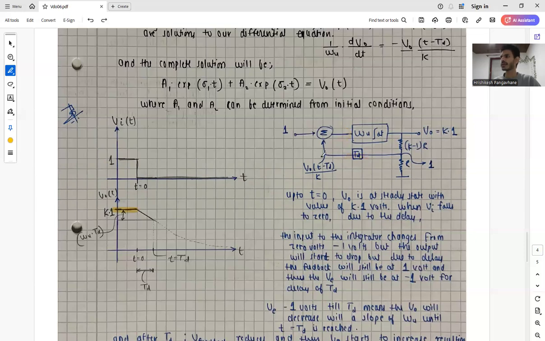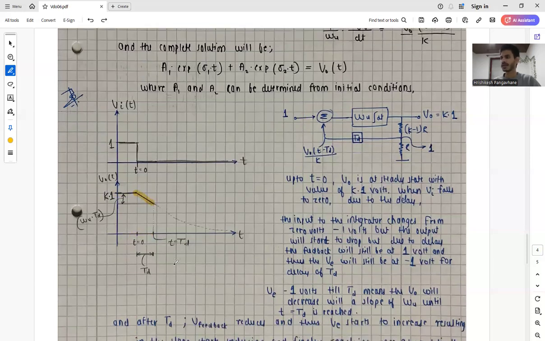Thus the input to the integrator will still be at minus 1, meaning that VE will still be at minus 1 for the delay time TD. So for that time, even though our input voltage has dropped, the feedback is still at 1 volt.